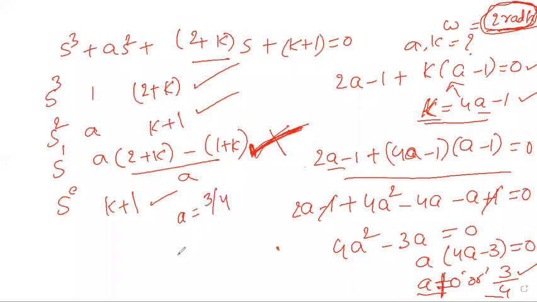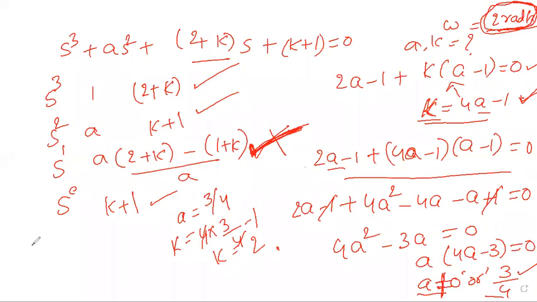So what is the value of a? 3/4. What is the value of k? 4 into 3/4 minus 1. Replace the value of a here. Substitute a equal to 3/4. 4 gets cancelled. So what is k? 2.